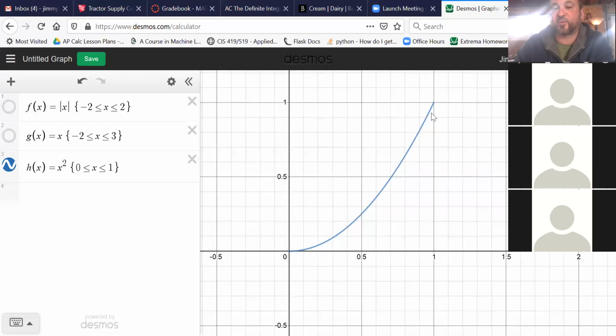The more rectangles we drew and fit underneath here, the closer and closer we would get to that value. And if we drew an infinite amount of rectangles underneath here, we would get the correct value, and it would end up coming out to being the integral underneath this function. And the integral is just the antiderivative as well.